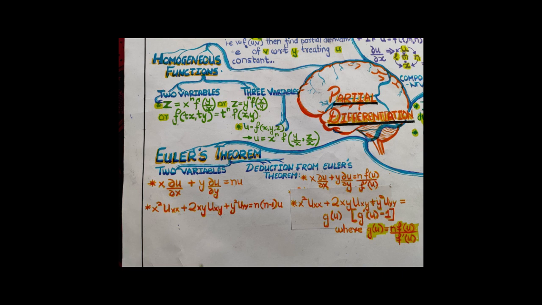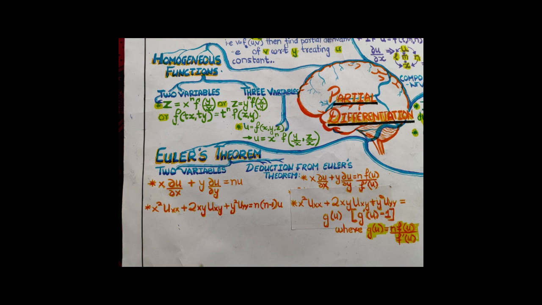Second, x² ∂²u/∂x² plus 2xy ∂²u/∂x∂y plus y² ∂²u/∂y² equals n(n minus 1) times u.